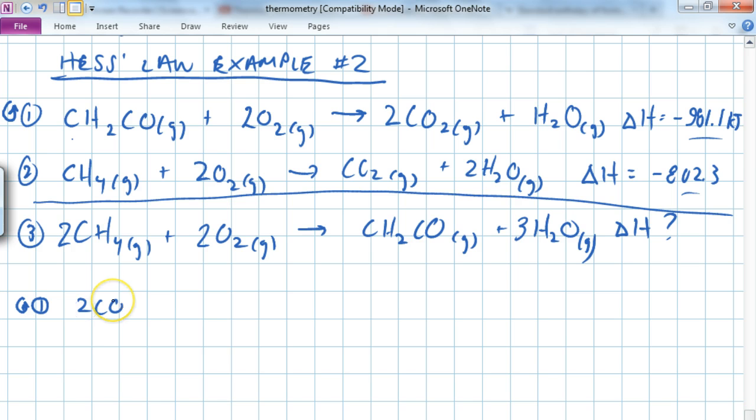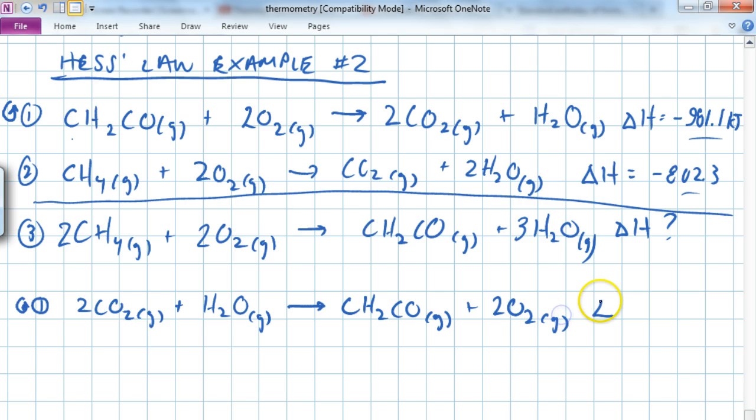So I'm going to have 2 CO2 gas plus H2O gas yields CH2CO gas plus 2O2 gas. Now, according to rule number 2 of thermochemistry, this is going to simply change the sign of the delta H value.